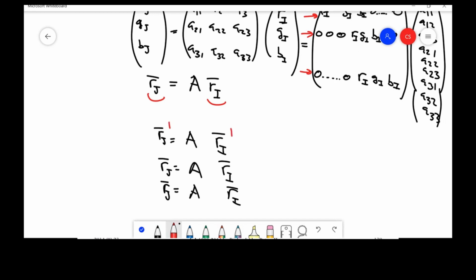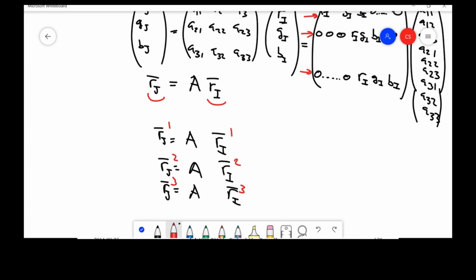Then let's put the numbers. 1 into 1, 2 into 2, 3 into 3. So I have to give you 3 pairs. These vectors should be transformed into this. These vectors should be transformed into this. And these vectors should be transformed into that. And then, now with these 3 pairs, you would be able to solve for a unique A.